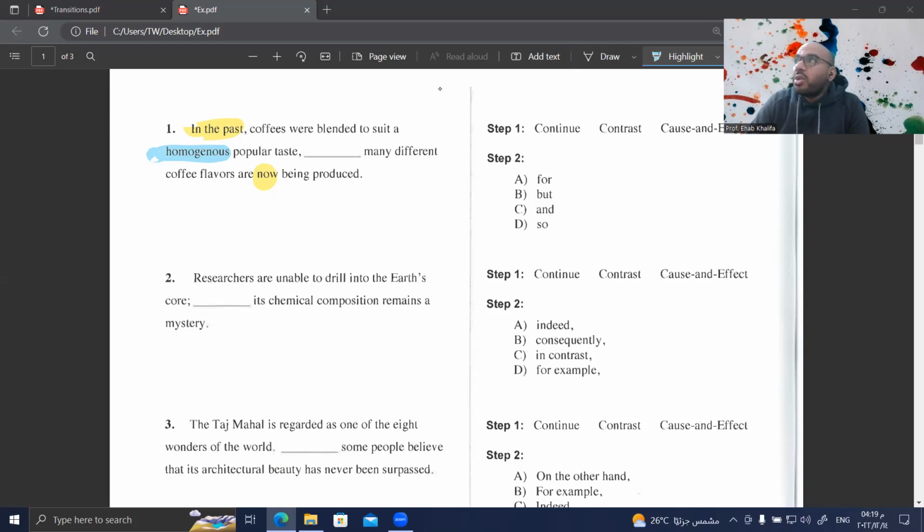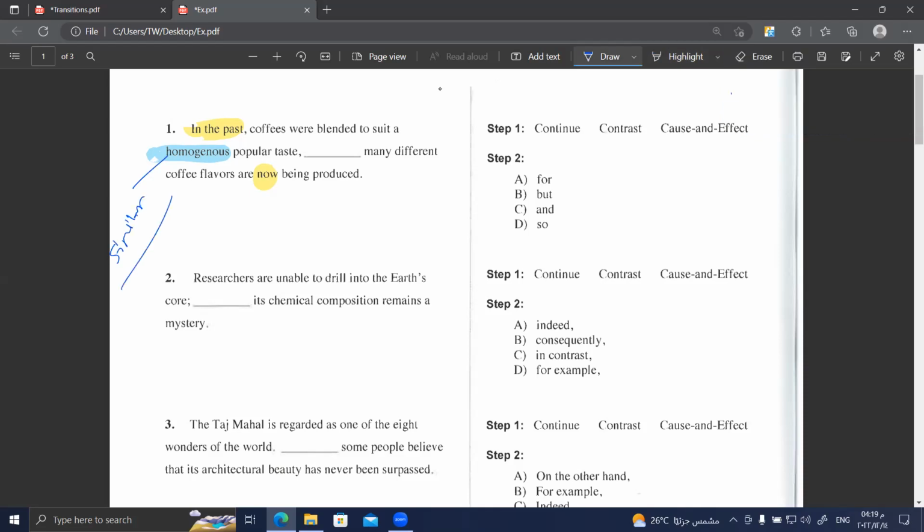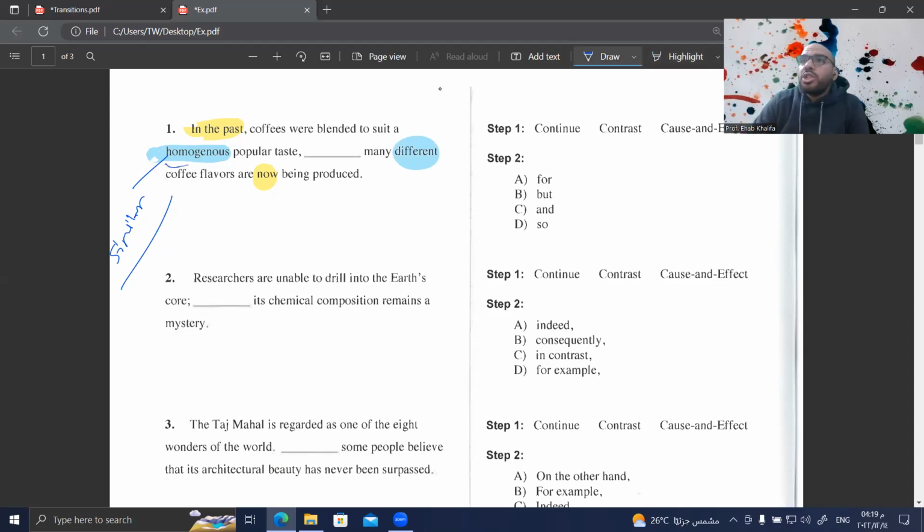Yes. So this word, guys, means similar. Homogeneous means similar. And now I can see this word different, right? So homogeneous contradicts with different, then it is contrast. And the only word that indicates contrast is but. This is the answer. Contrast but. Homogeneous means similar and it contradicts with different.